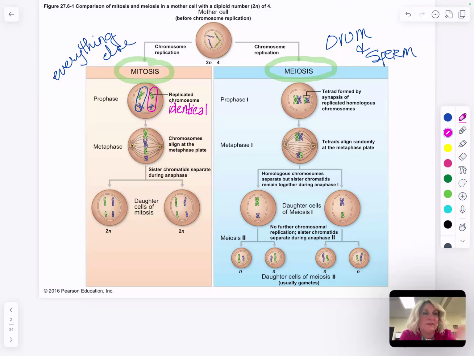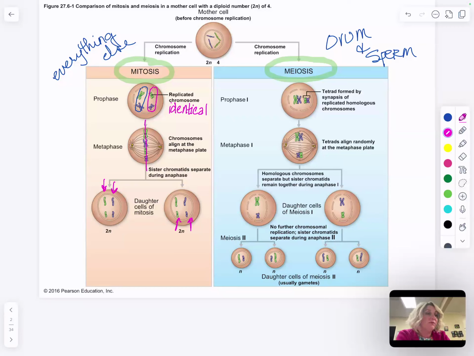The next phase is metaphase, where these chromosomes start to line up in the center of the cell. Then, think of a sword going through the middle of this cell, and it divides those chromosomes in half, where now you have half of the green guys here and half of the purple, and the same on the other cell.